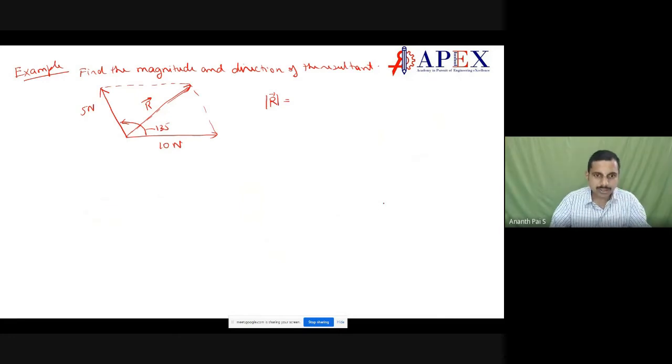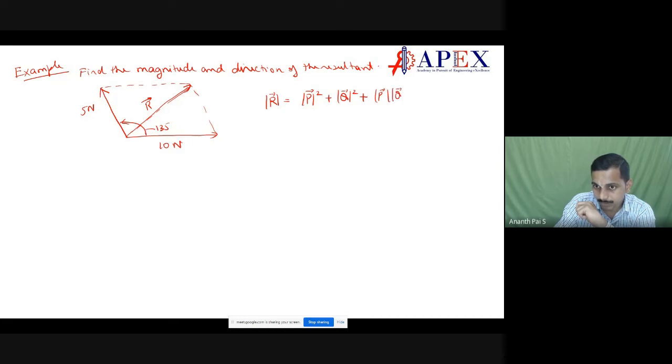So this vector R. What is R? R can be written as the square root of P magnitude square plus Q magnitude square plus 2PQ cos theta. Let us put that. What is R magnitude?